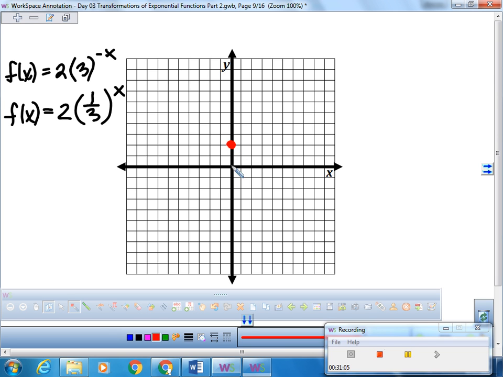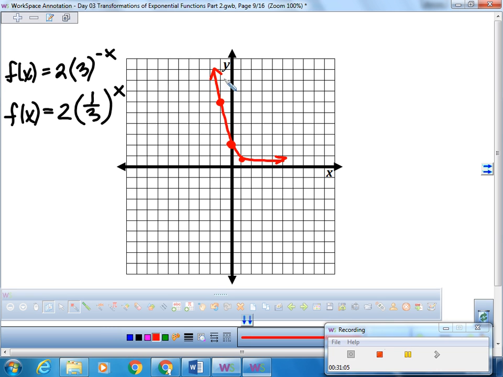Normally I'd go over 1, up 3, but I'm going to go twice that, 3 more, but on the other side. Normally I go to the left 1 and up a third. I'm going to go 2 times that, which is 2/3, but I'm going to do that on the left side. So there's my graph. What are our next questions?